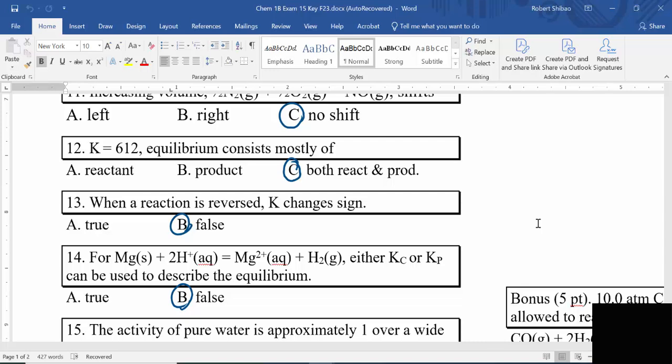Technically, if I said it consists of more product than reactant, yeah, then that would be okay. But mostly, I know it's a bit ambiguous. If you said, okay, 612 is bigger than 1, therefore it's a product. The thing is, how you know this is by doing some calculations and seeing what the numbers come out to, and then you can compare.